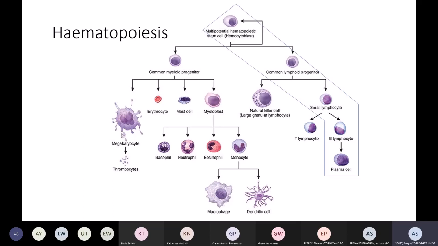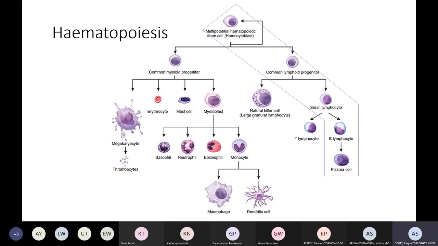For multiple myeloma, it's an issue with, like we say, the plasma cells, and the part that I've highlighted is the pathway that goes wrong. Somebody's just asking whether you could repeat that last bit, about how you remember them.